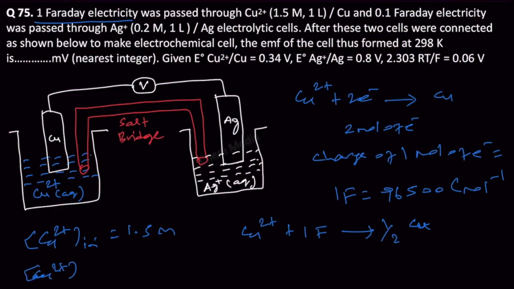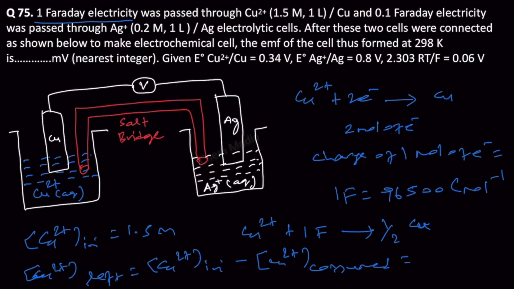Cu2 plus left is equal to whatever the initial value is, Cu2 plus initial, minus Cu2 plus consumed, isn't it? So now how much is consumed here? 0.5 molar is consumed. So 1.5 molar minus 0.5 molar, therefore that is equal to 1 molar.